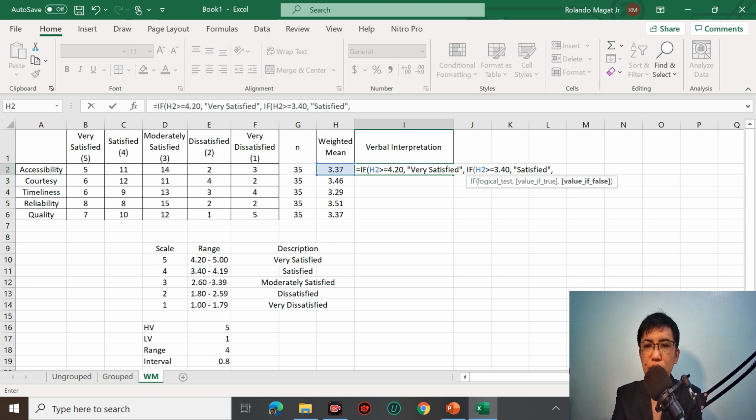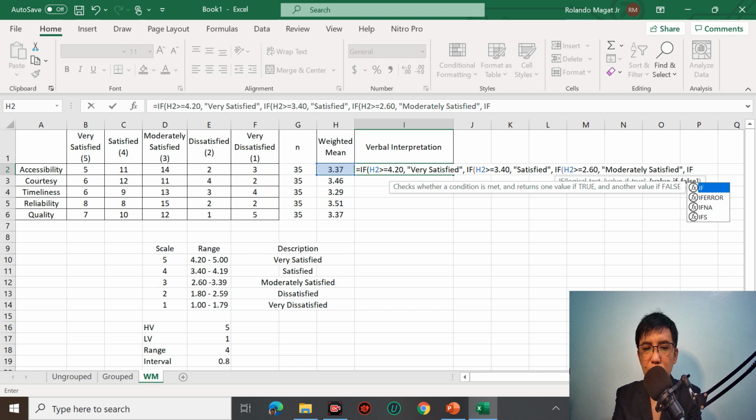Then if it is false, IF ulit na naman tayo. Open parenthesis, H2 ulit, si H2 greater than or equal to 2.60 naman tayo ngayon. Okay. Then, comma. This is moderately satisfied. Okay. Then IF ulit, we have 1.80.